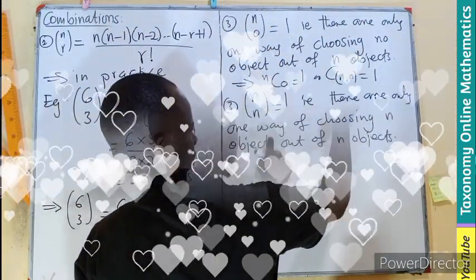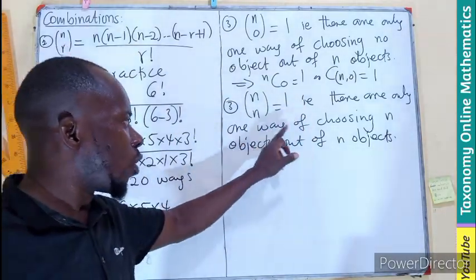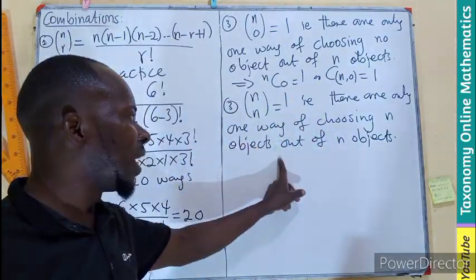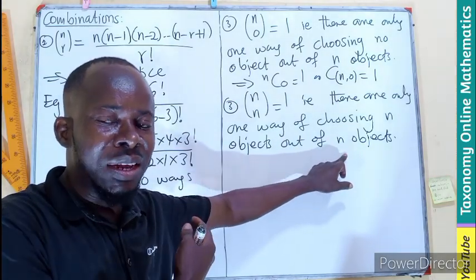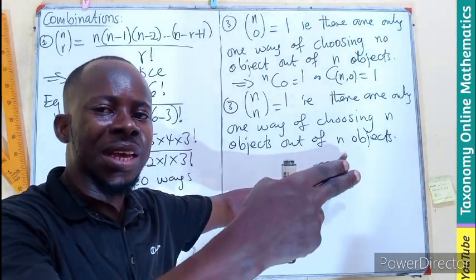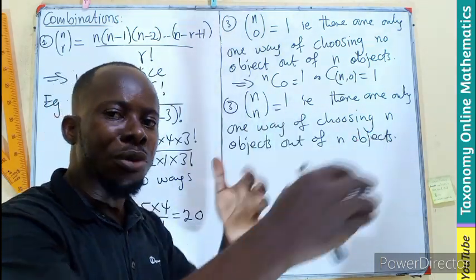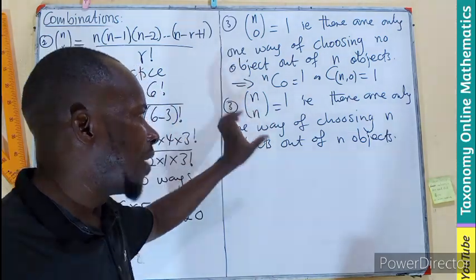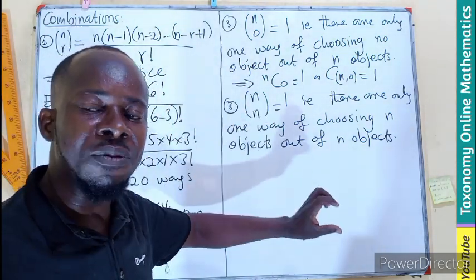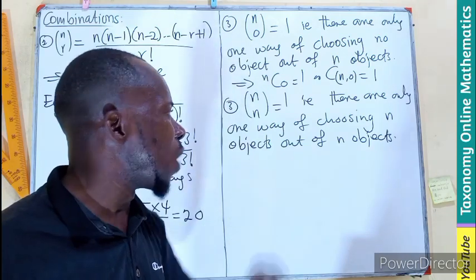That is, by its definition, there is only one way of choosing n objects out of n objects, which can be seen from the very beginning when we have A, B, C, which is 3 letters. You want to choose 3 at a time. How many combinations do we get? We get only one combination. So if I have 5 combination 5, the answer will be 1. 10 combination 10, I'll get 1.